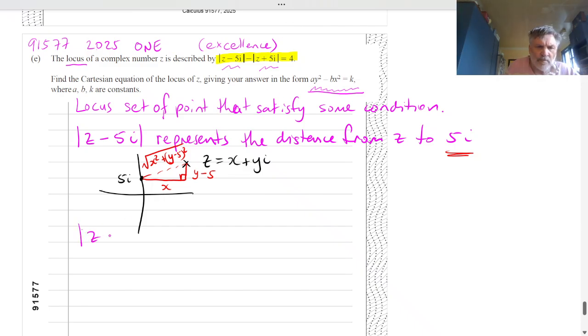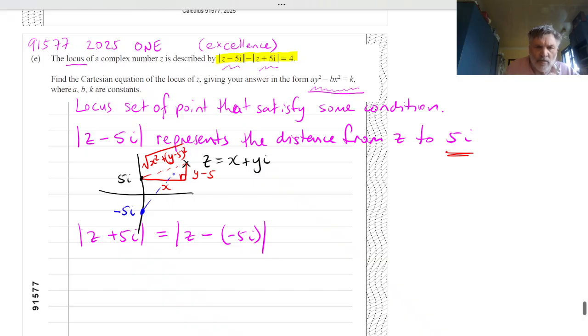What about z plus 5i? Well, we can just rewrite that as z minus negative 5i. So this is simply the distance, choose a different color, the distance from negative 5i.